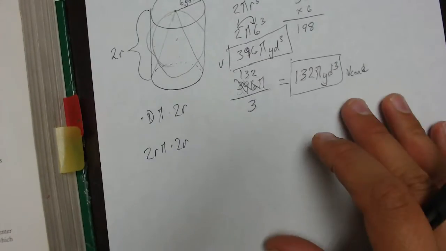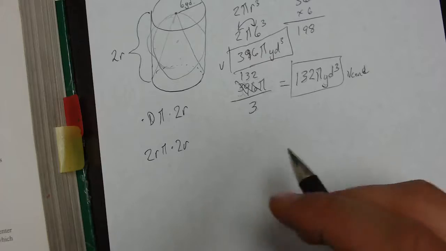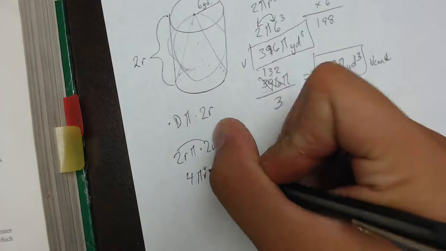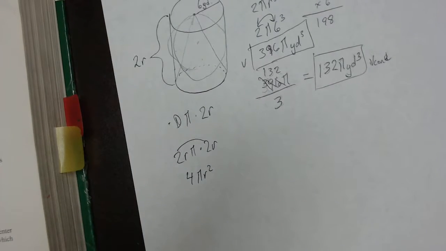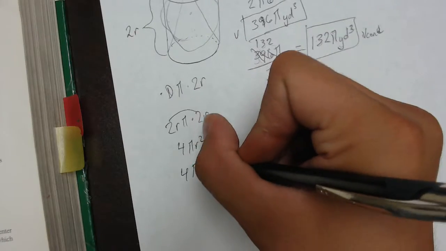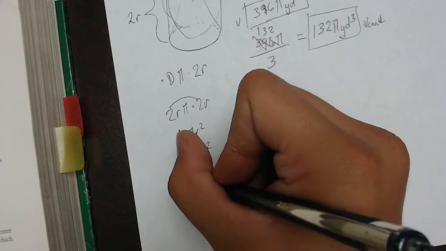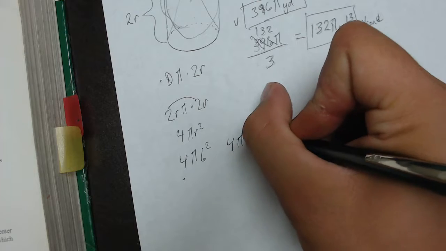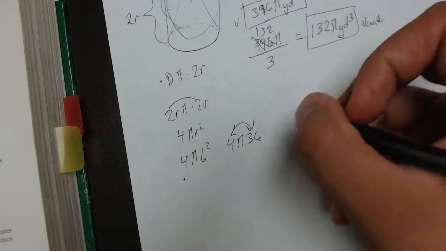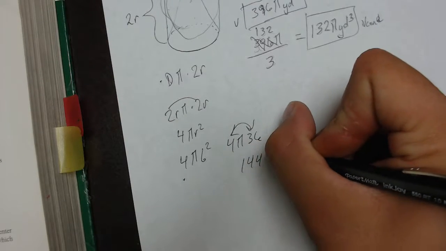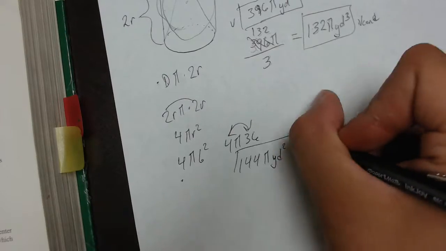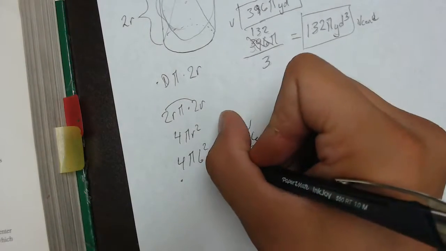So our equation to find this lateral surface area would end up becoming 4 pi r squared. Then we take our radius of 6, we've got 4 pi 6 squared, which is 4 pi times 36, and that gives 144 pi, in yards squared, for lateral surface area.